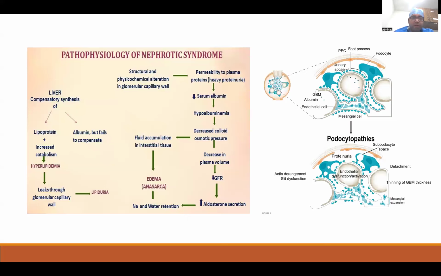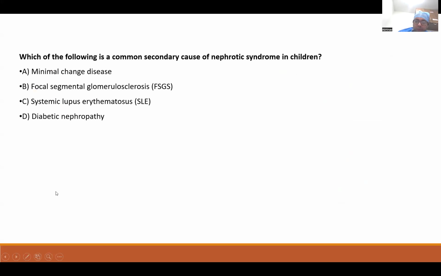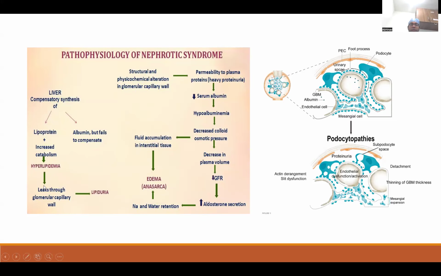So this slide again you can see here. In nephrotic syndrome, there are structural and physiochemical alterations in the glomerular capillary wall, which lead to increased permeability of albumin, leading to spill out of protein in the urine.